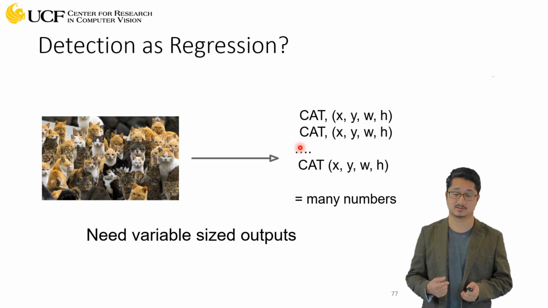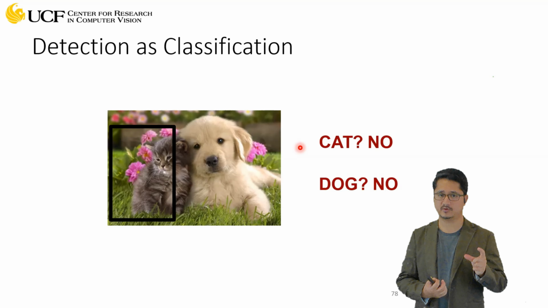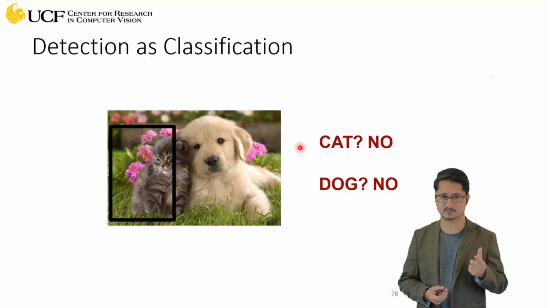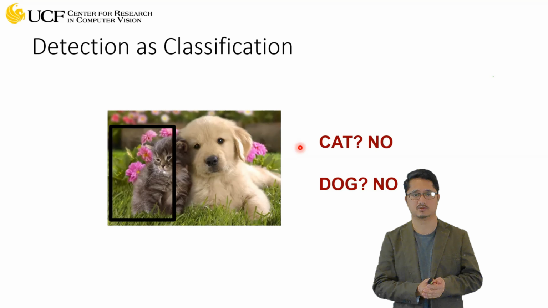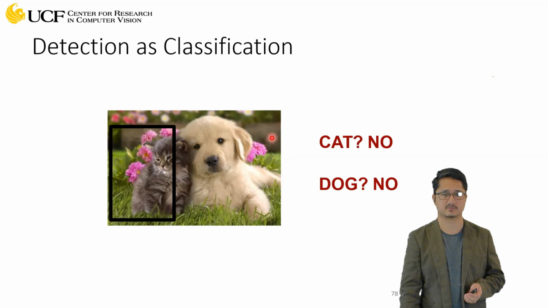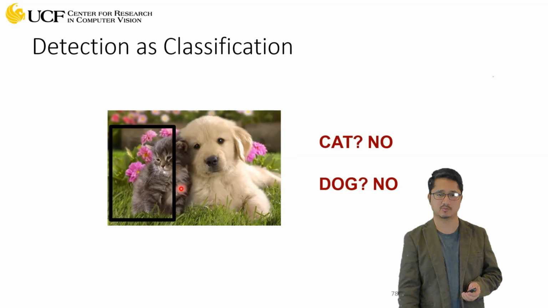One simple solution to this problem, if you go back to what we discussed earlier, is sliding window, which was a very interesting approach. We can try to solve the detection problem as a classification problem, and that's exactly what we saw when we were trying to do sliding window. The idea is you take a bounding box and say whether any particular object category is present or not.